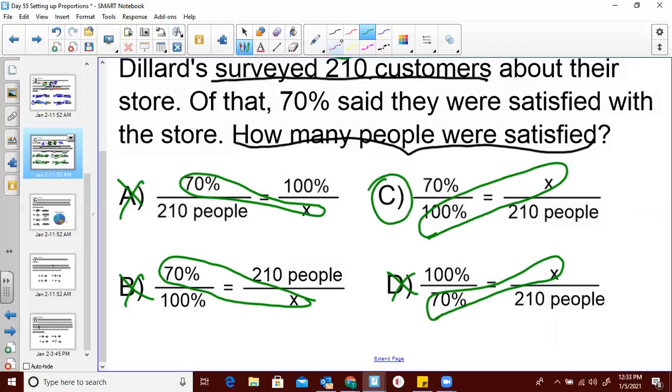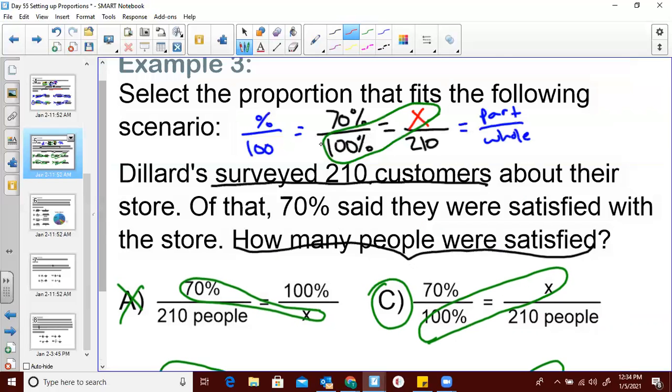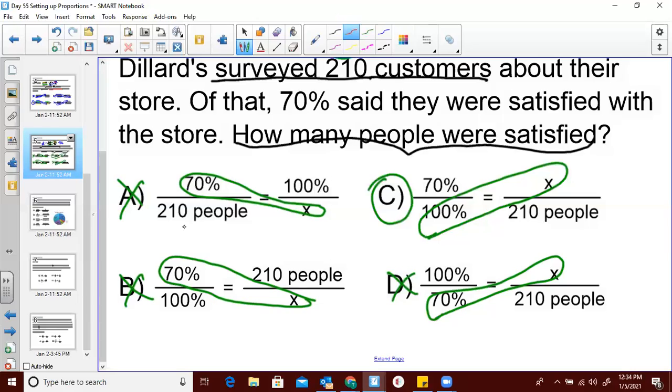Now, another little trick here that you might be able to use is you notice that right away we had our 70 over 100. Right away we had this 70% over 100%. I'm not going to say that this always works, but if you get into a place where you have to guess, know that 9 times out of 10, we're going to start off with it as 70 over 100 like we wrote.